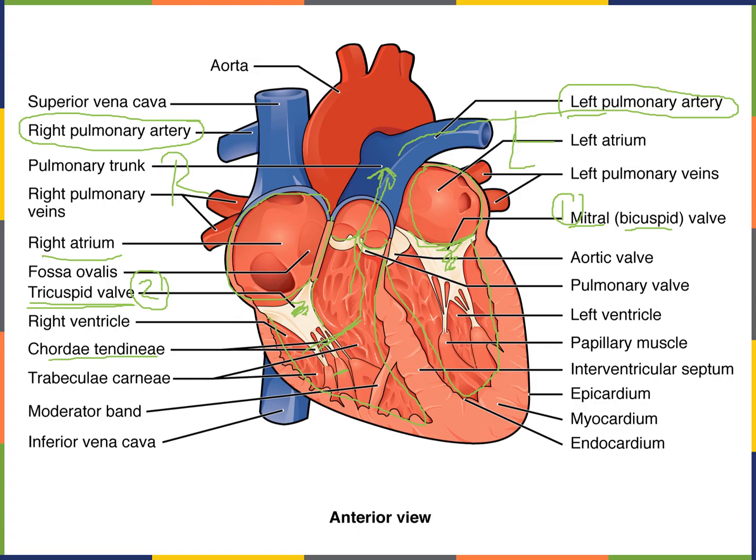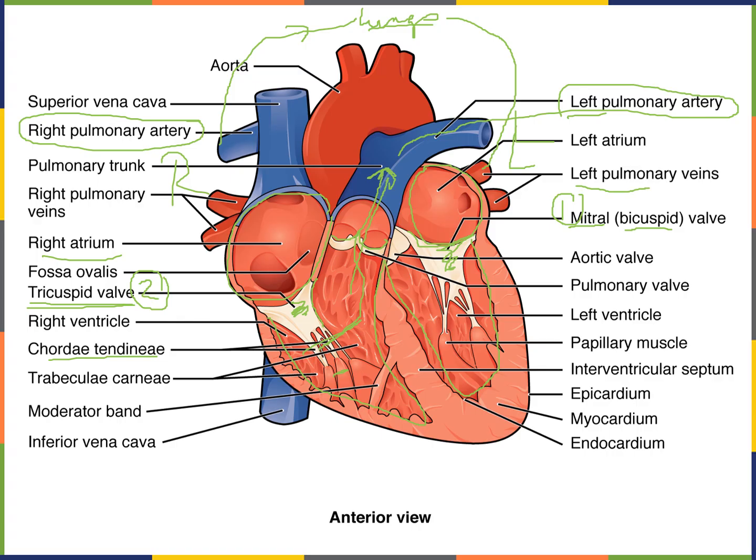So when the blood picks up oxygen, if I were to put, let's say, the lungs at the top here, lungs, lung capillaries. So this blood here is deoxygenated going in this direction. Gas exchange takes place in the lung capillaries and oxygenated blood flows back to the heart, and it will come back here.